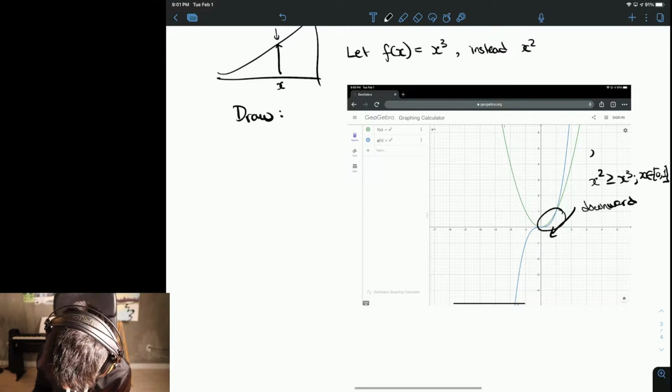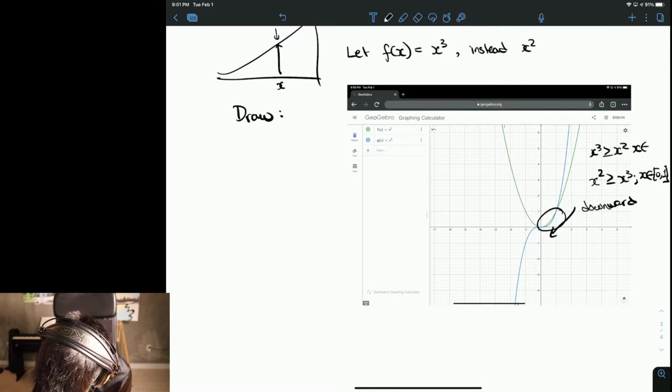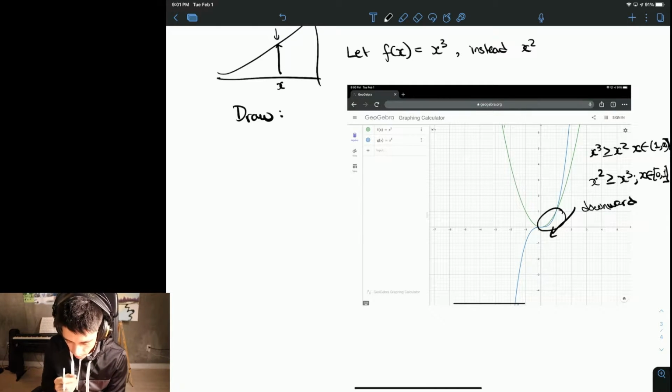But then x cubed is greater than x squared when x is in 1 to infinity. Okay.